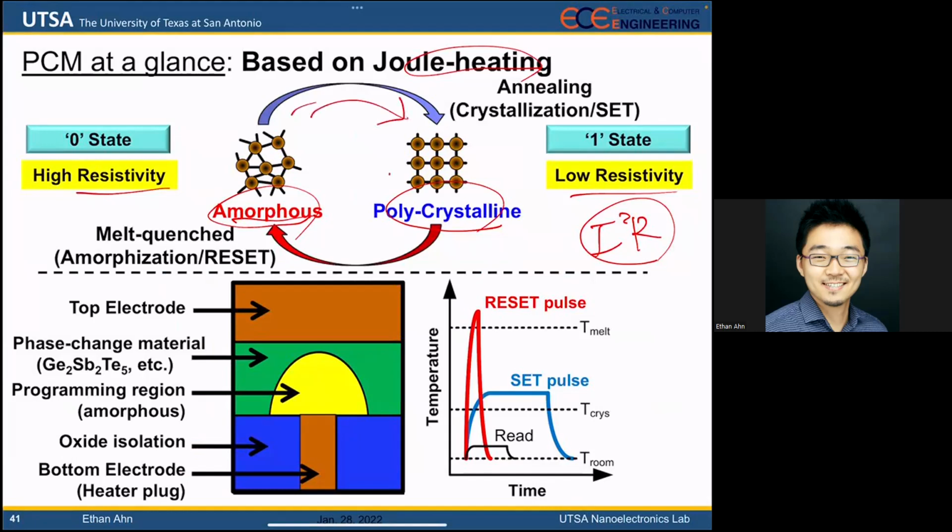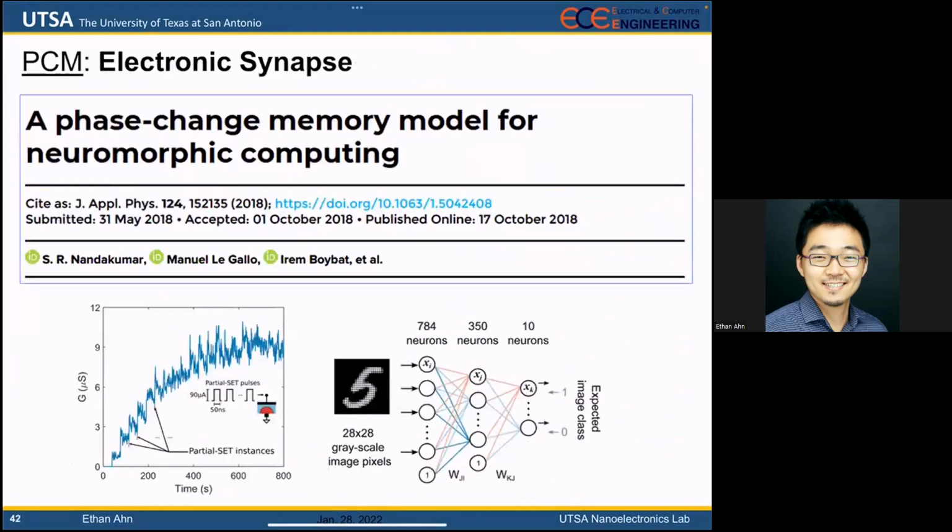And this is a conventional device structure and programming scheme, where you have to apply a reset pulse and a set pulse, above the melting temperature and the crystallization temperature of your material, so that they can go through this phase transition. There are a lot of review papers out there about using PCM as an electronic synapse for neural computing, and I find this paper is one of them.